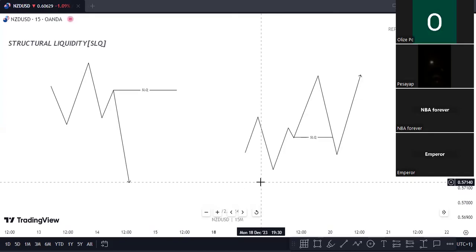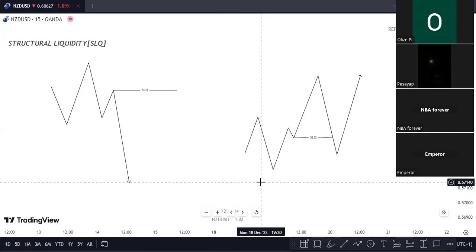So this is where it takes us to a directional bias. For directional bias, we make use of a sweep of structural liquidity on the higher time frame and scale down to our lower time frame to look for a trading setup, and we bank on it. The same thing goes for your lower time frame.